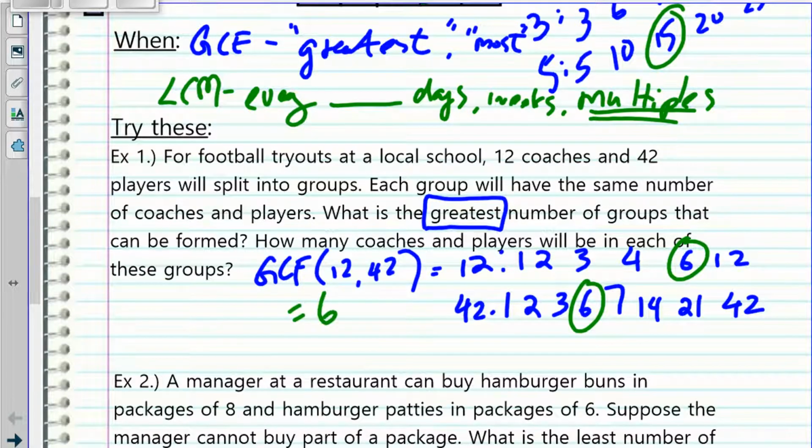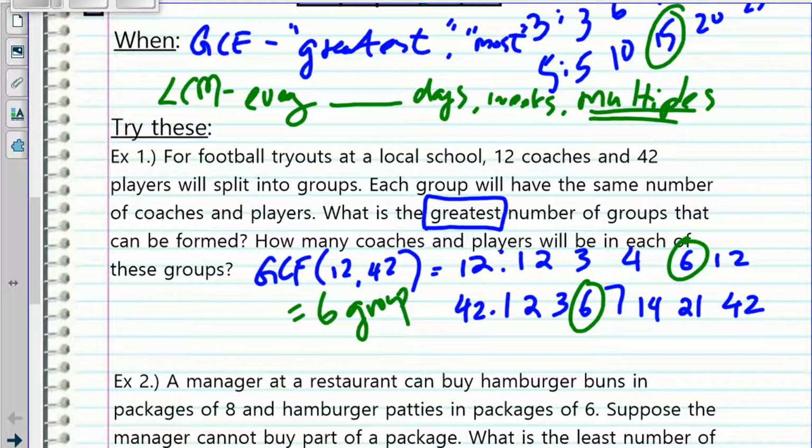Now, does that answer the question? What's the greatest number of groups that can be formed? You can form 6 groups. How many coaches and players will be in each of these groups? Okay, so 6 groups. How would you know how many of each is in there? Well, you can divide it by 6.